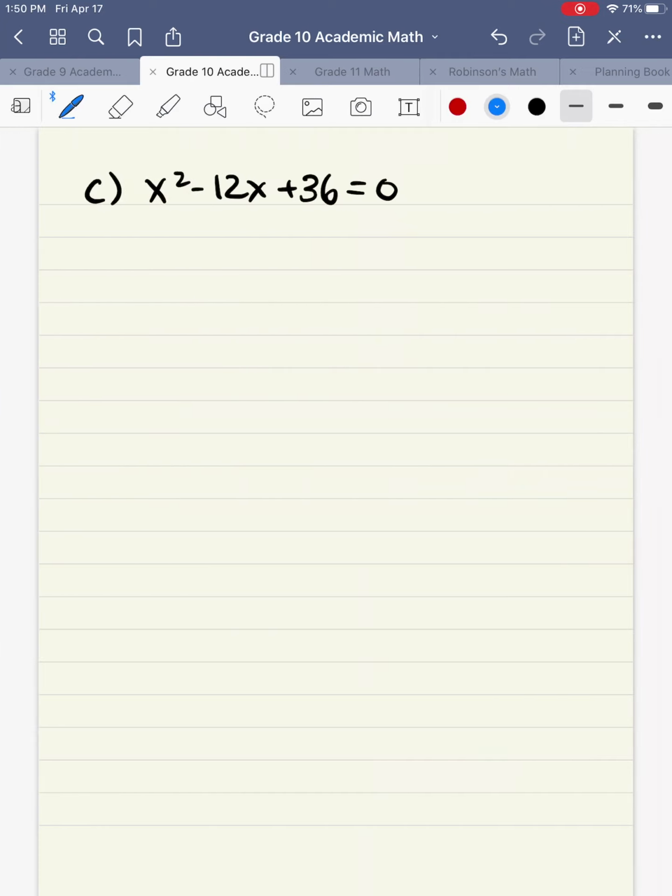Okay, let's do another one. This is part C of number 1 example, so this is our last one for this part. Our equation is x squared minus 12x plus 36 is equal to 0. Again, the discriminant is b squared minus 4 times a times c. b is negative 12, so we end up with negative 12 squared minus 4 times 1 times 36.